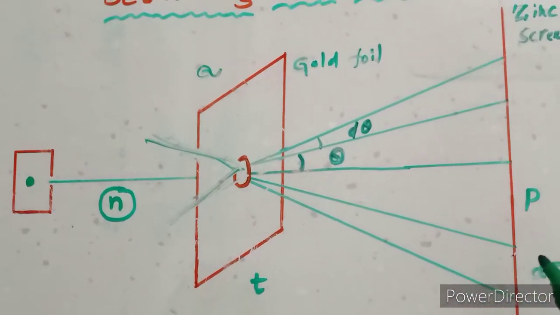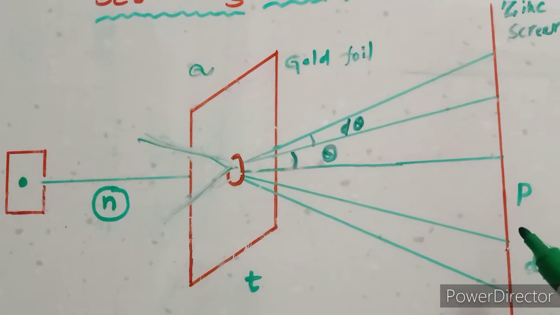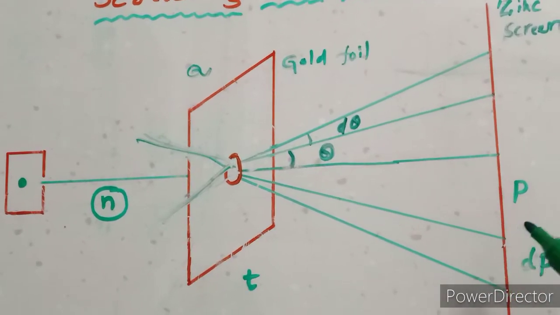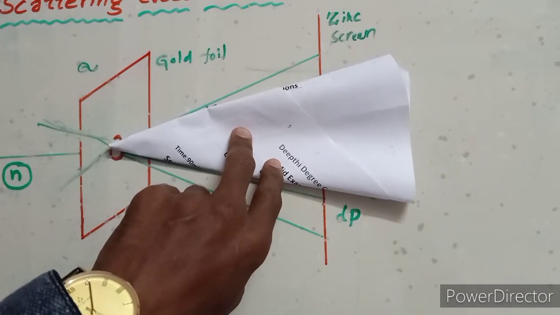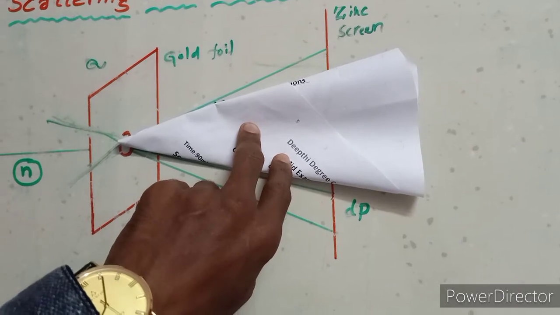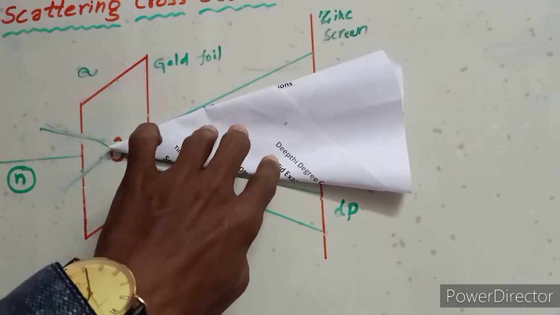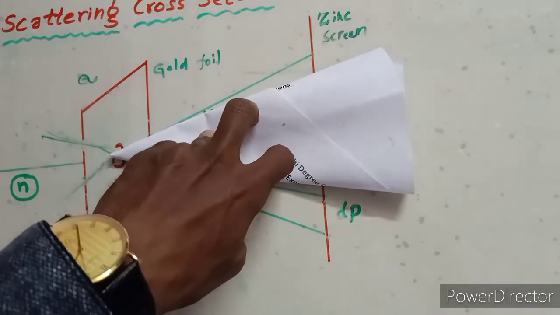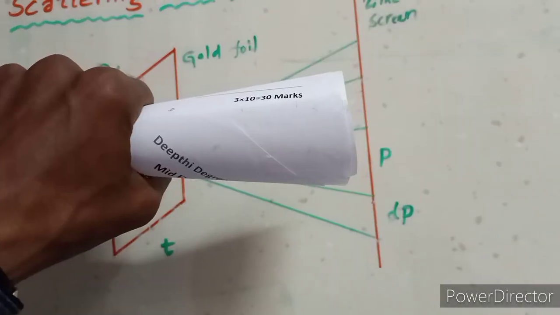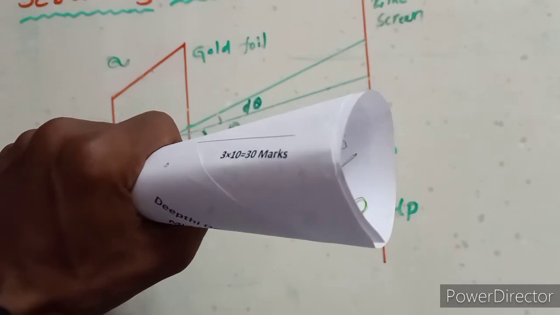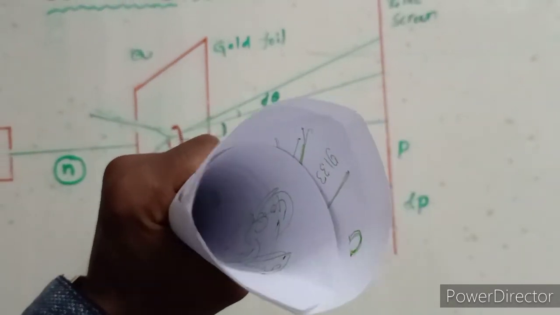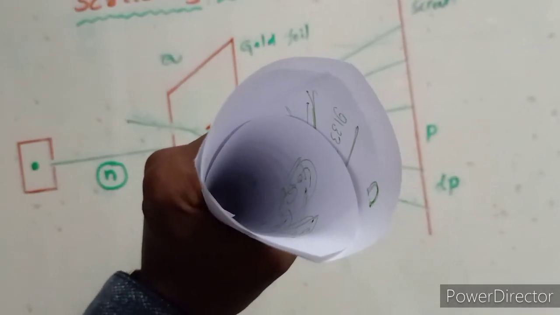This diagram is in two dimensions. This is the diagram. This is the gold foil. The alpha particles are scattered in this direction. In three dimensions, this is the diagram. This is the circle.